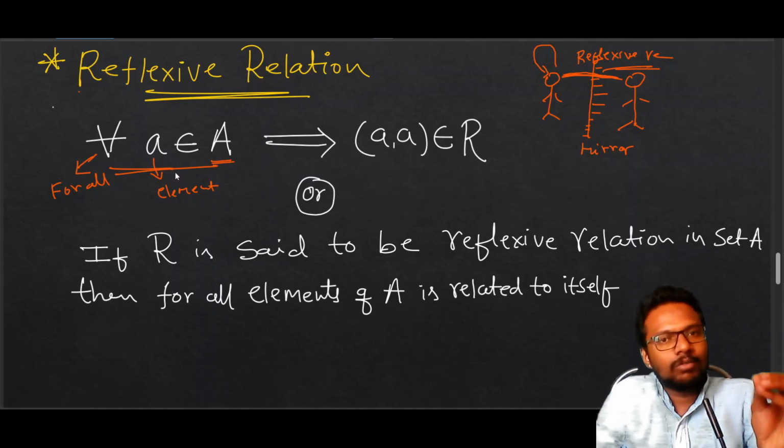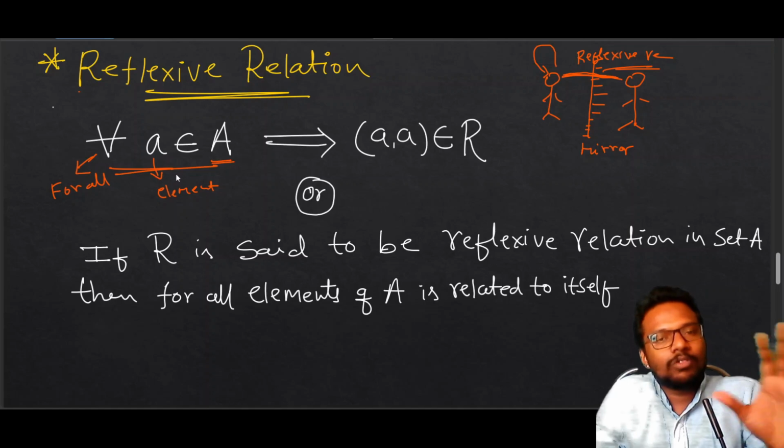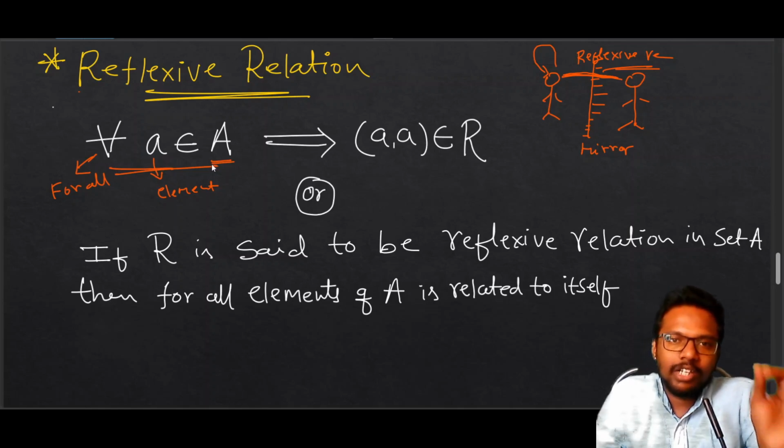We should not miss any element in set A. If A has 5 elements, we should consider each and every one of those 5 elements, without missing any. That is the meaning of for all a belongs to A: we consider each and every element present in the set A.